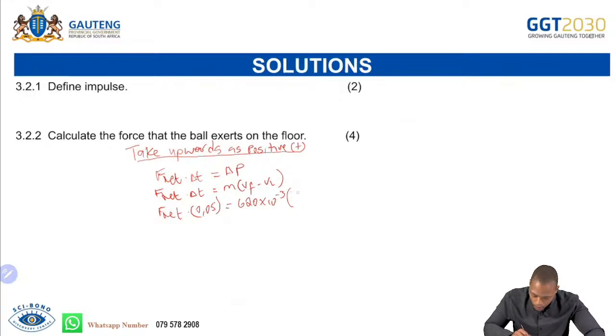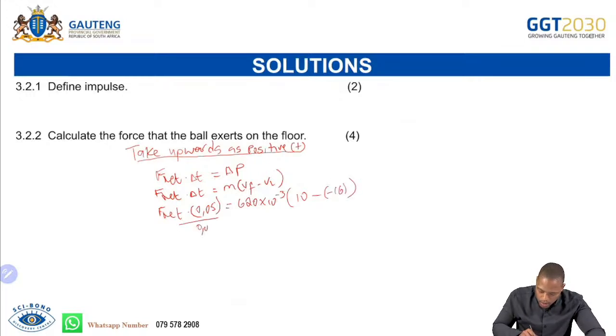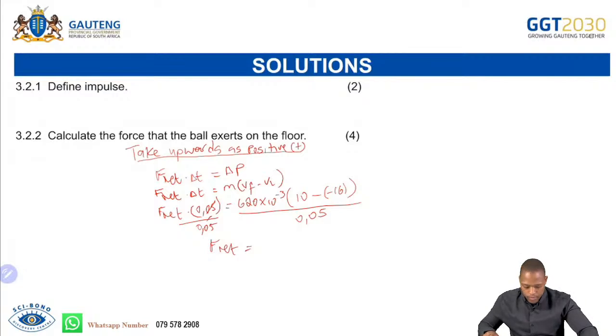Final velocity of 10 meters per second up with an initial velocity of negative 16, which is going down. Divide by 0.05, divide by 0.05. Cancel this, you get that F net is equal to 620 times 10 to the power of negative 3, open bracket 10 minus negative 16, close the bracket, all over 0.05.